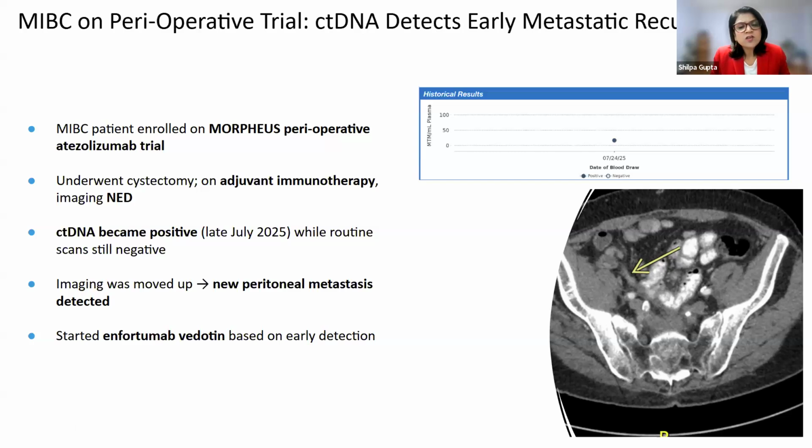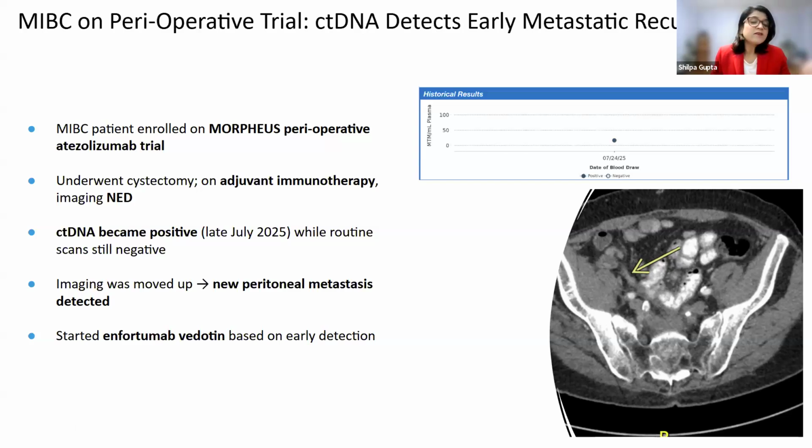So he didn't have downstaging, but underwent atezo for a year and remained no evidence of disease on scans. Now, granted, there's only one ctDNA test here, but I can tell you why that was important for this patient. We thought, okay, we'll start checking it now, and the scans in early July were negative, and then the ctDNA done was detectable.